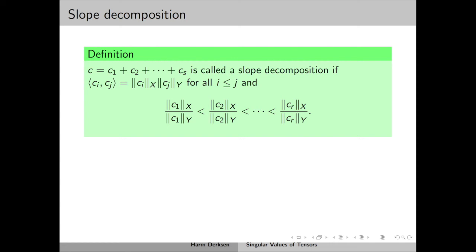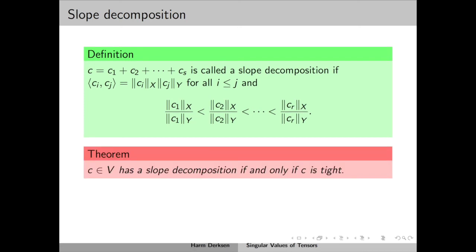So it's some decomposition with certain properties with respect to these norms. It turns out that a vector is tied if and only if it has such a slope decomposition.